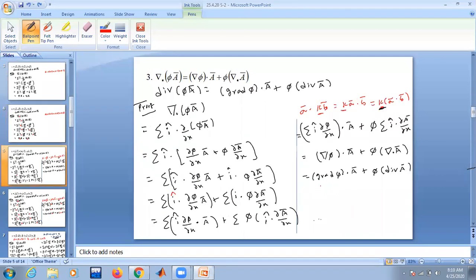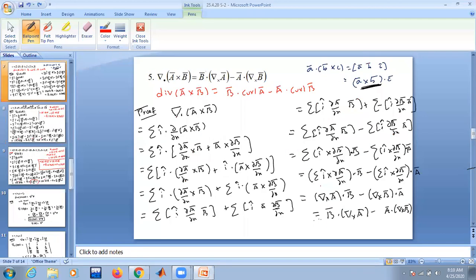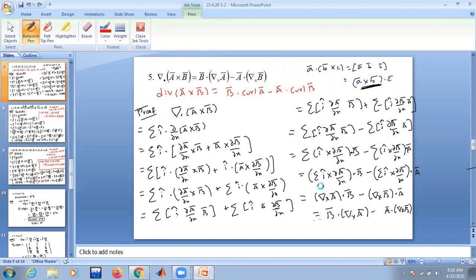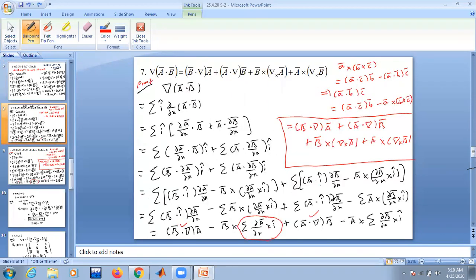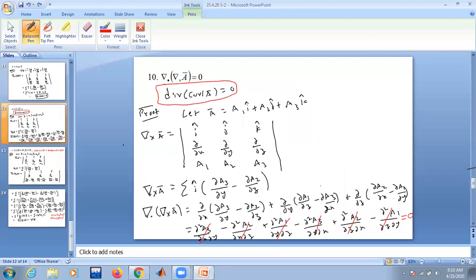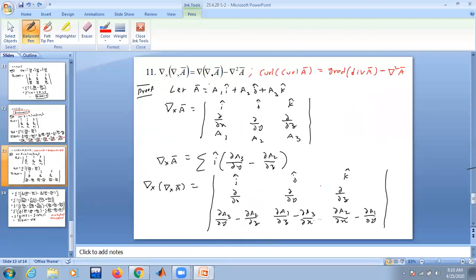Third one del dot phi A. Fourth one del cross phi A. Fifth one, divergence of A × B. Sixth one, curl of A × B. Then gradient of A · B, del dot del phi, del cross del phi, del dot del cross A, del cross del cross A. These are the 11 vector identities. Okay, I'll just demonstrate the use of this identity on one problem.